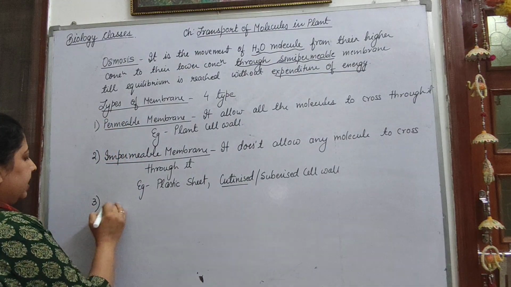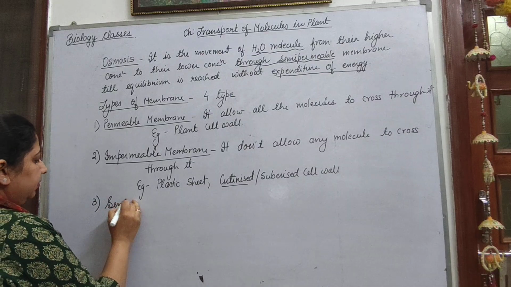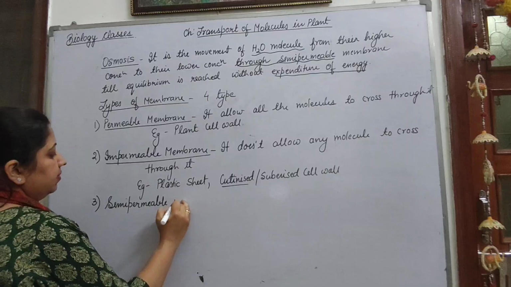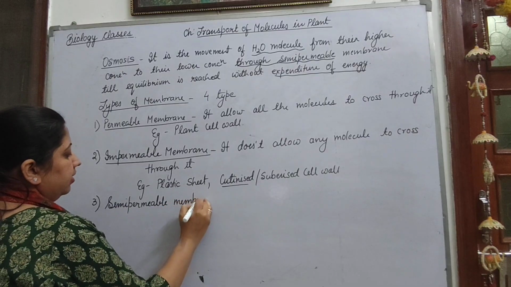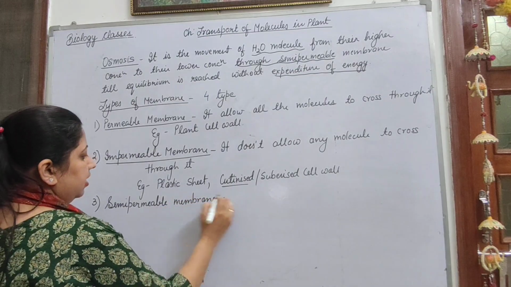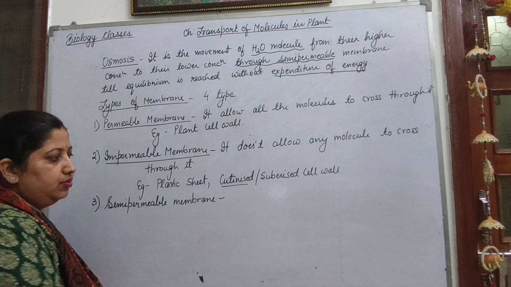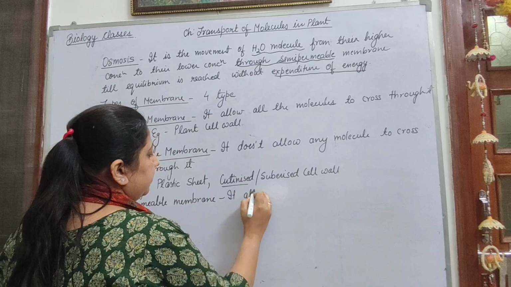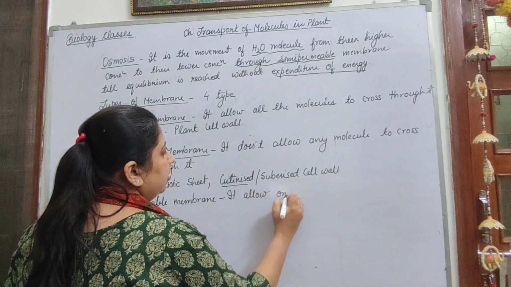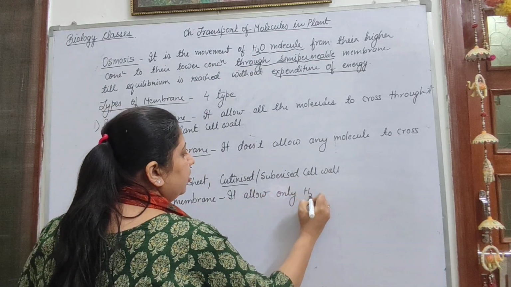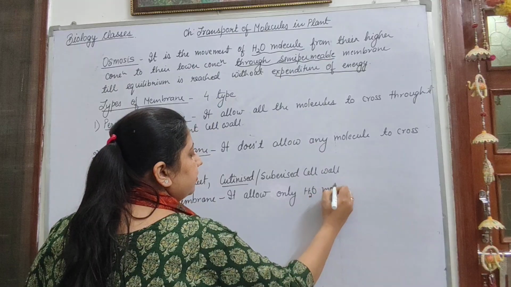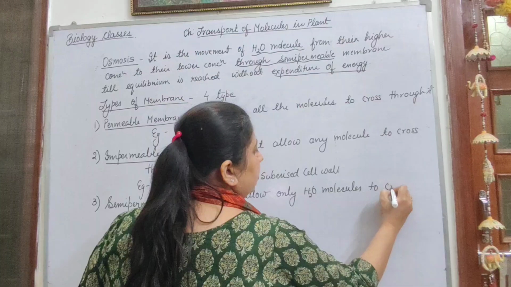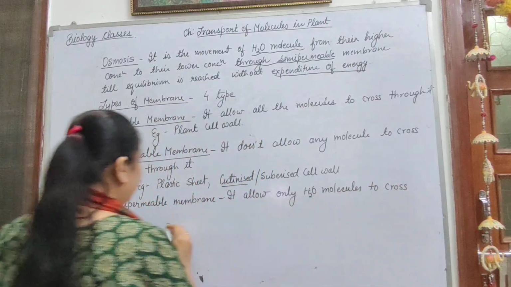The next one is the semi-permeable membrane. This type of membrane allows only water molecules, not any solute molecules, to cross through it.